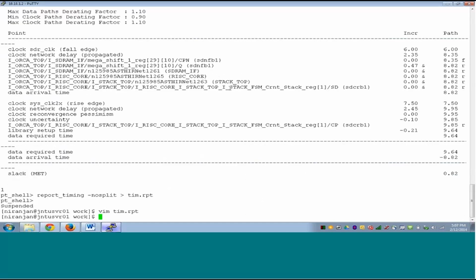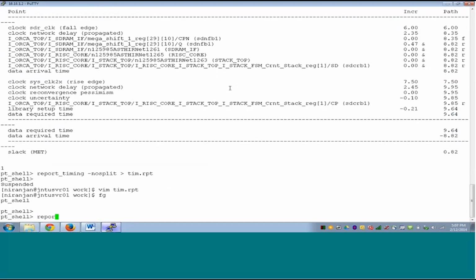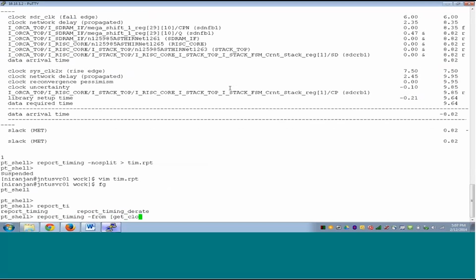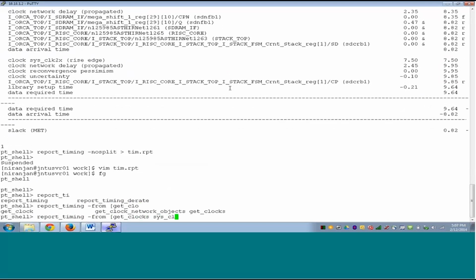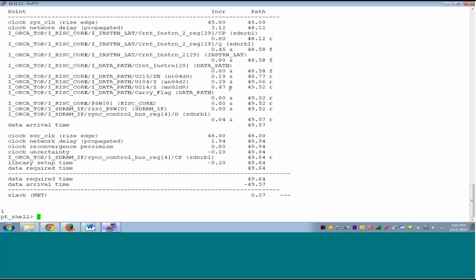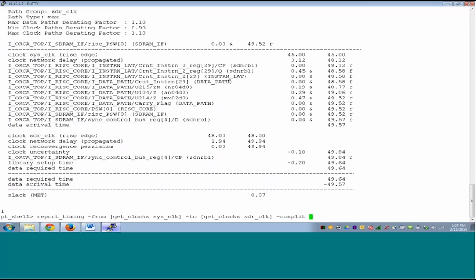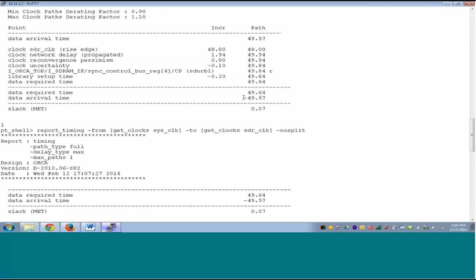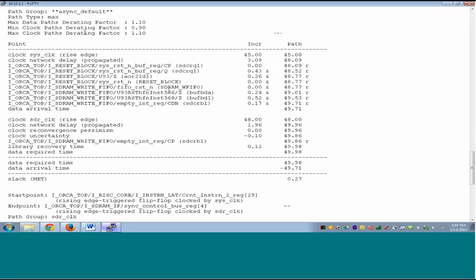Let's see. Let me go to the specific case now. From get clocks, sys clock to clocks SDR. This is how I do a specific report timing, and again 45 and 48 is okay. I'll add minus no split to make it clear. Now see, when I did this, there are two timing reports here. One is the async default.